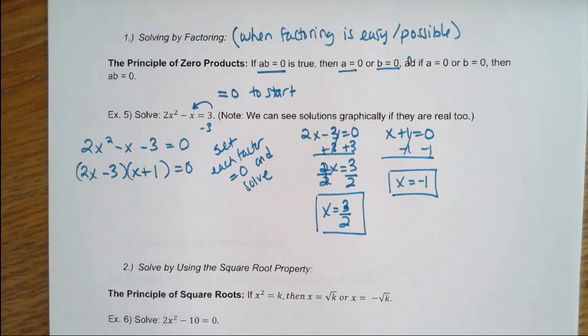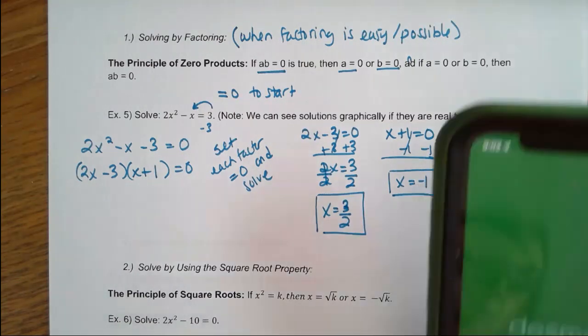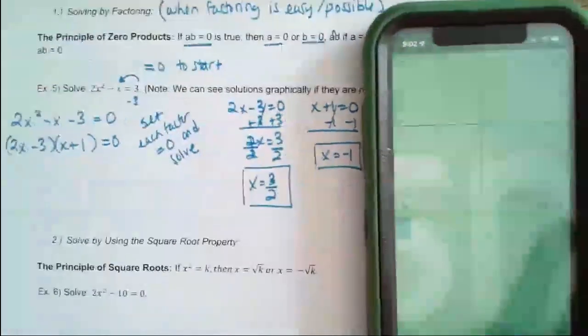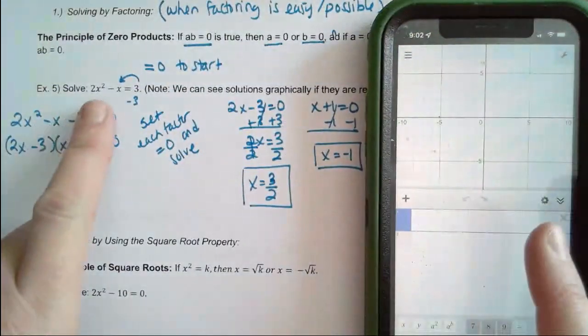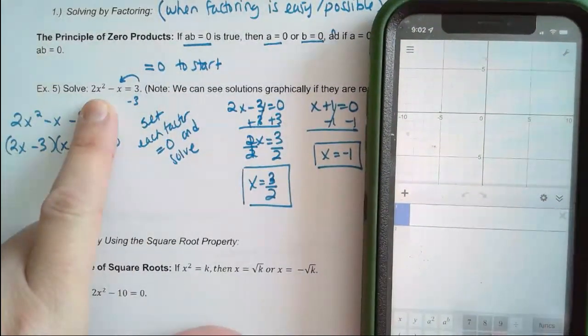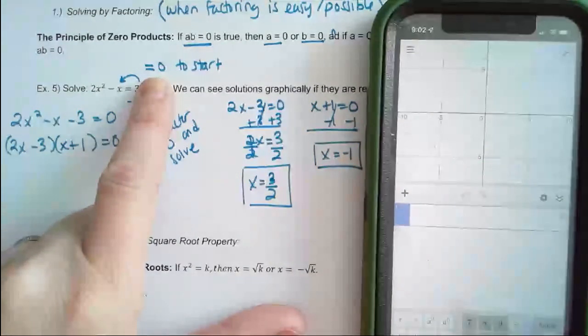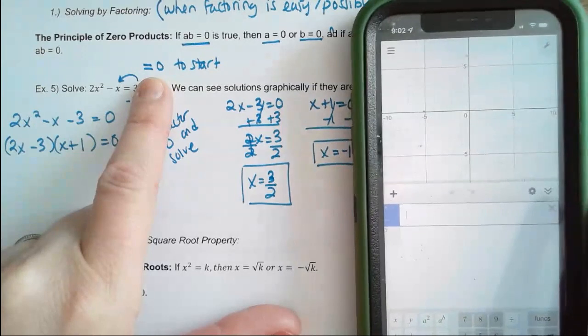Now you can check, let me bring up my calculator here. I'm going to bring up Desmos, and I won't do this for all of them, but I just want to encourage you to try to check some of this. So if I put in my equation here, I like to put it in with the equals 0 on one side. I do find that it graphs nicer that way.